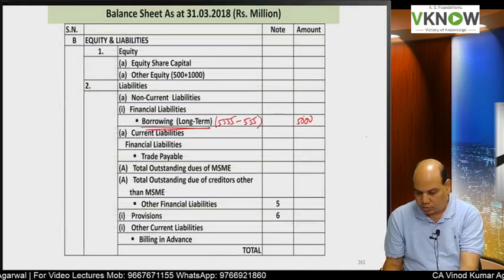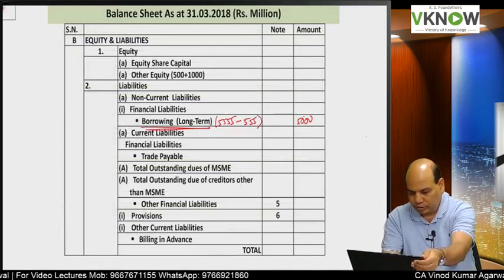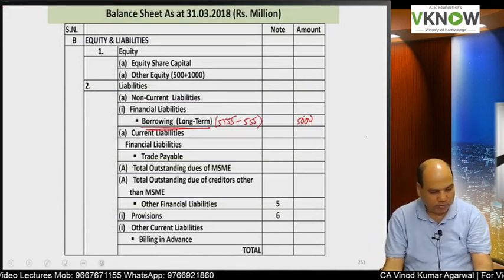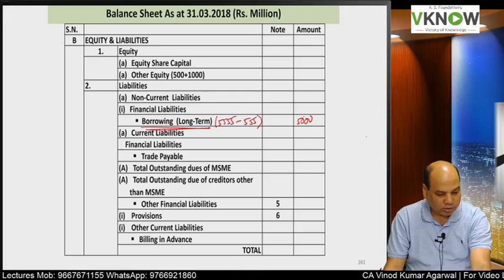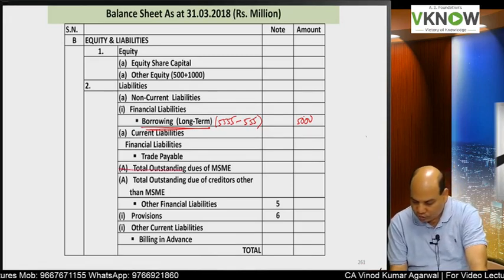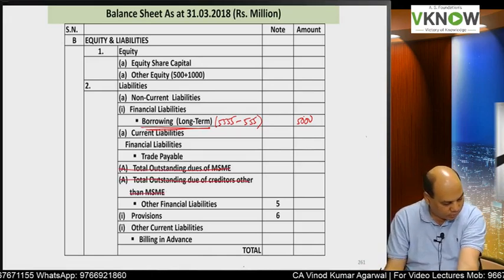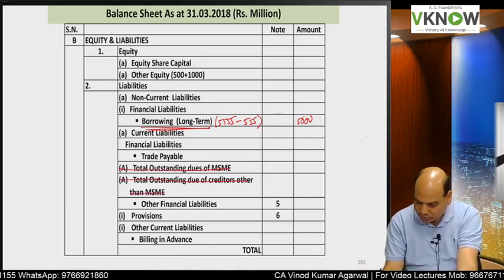Okay, so I'll go to the balance sheet, liability side, trade payable. You can just remove these two lines in your answer. How much is that trade payable? 300. Breakup is not given, so write directly.